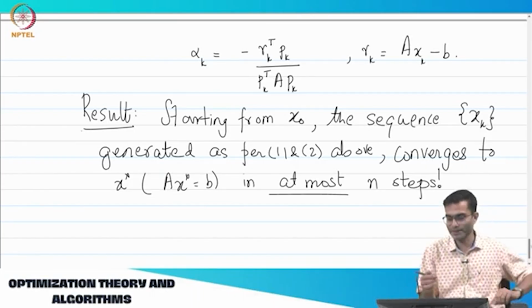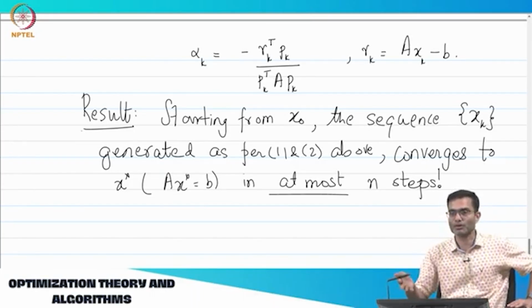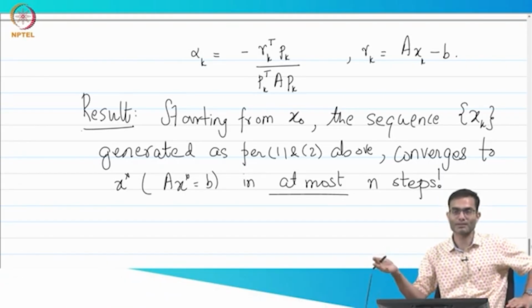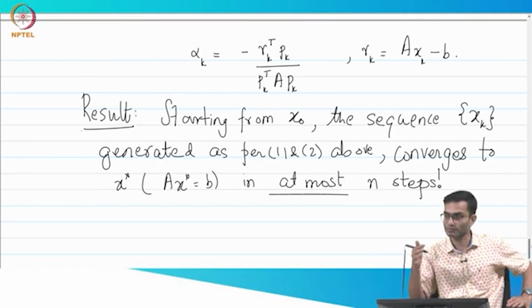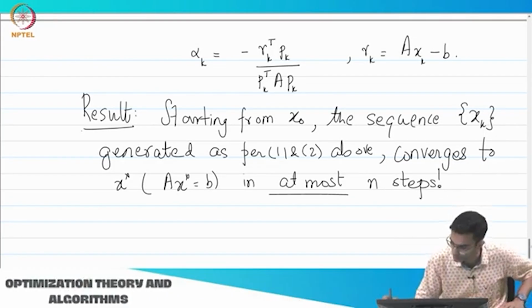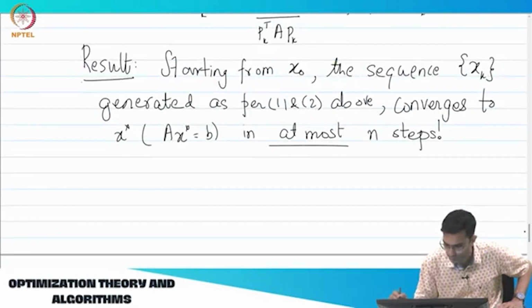Now, obviously, I've written an extremely strong statement over here, and we would want to see a proof. Why is it that it converges in at most n steps? That means what? It could also be lesser. So let's look at the proof. Is everyone with me?